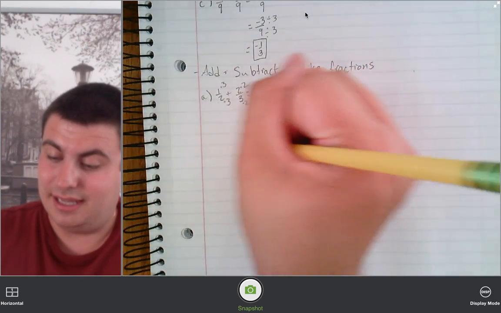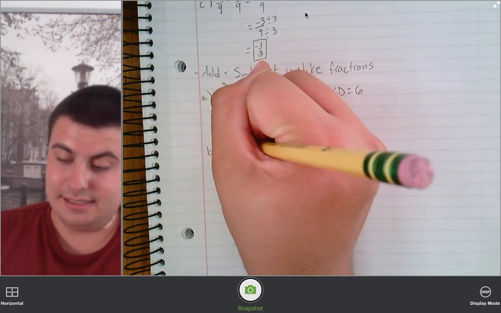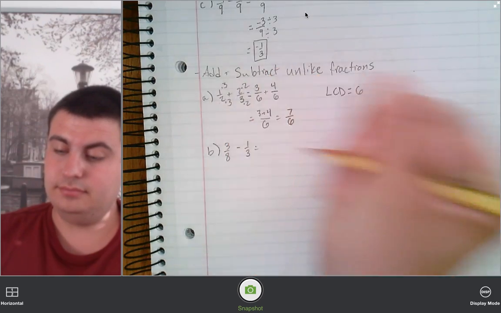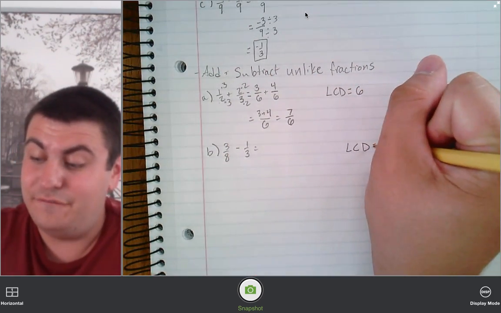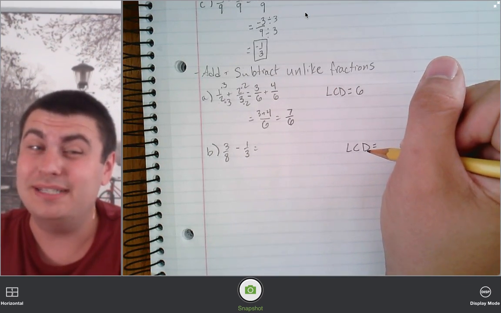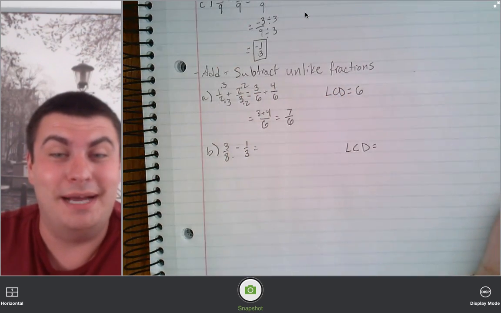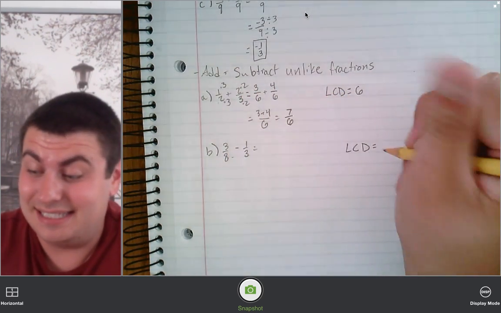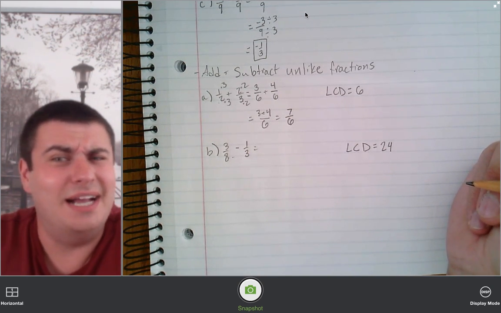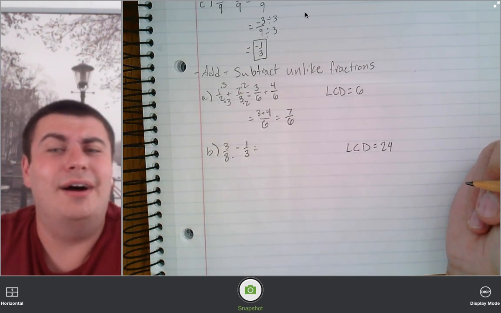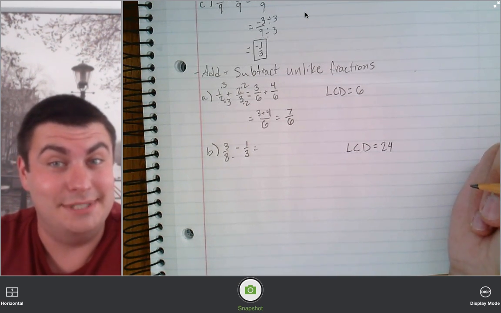So if we do 3/8 minus 1/3. Again, as I said, a for sure common denominator, not always the least, is multiplying the denominators by each other. In this case, that is the least common denominator of 24. If you're having problems finding the least common denominator, we can work on that in class. Make sure you bring it up and we can solve how to find the least common denominator.